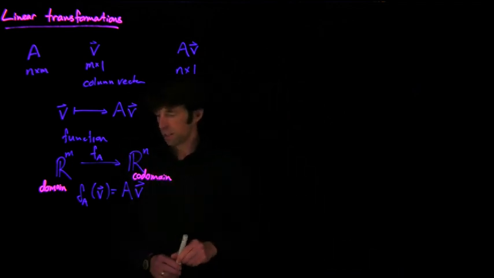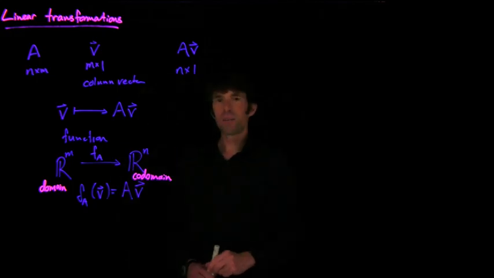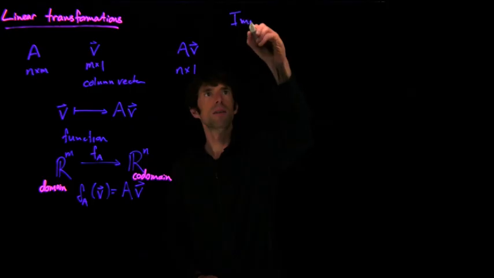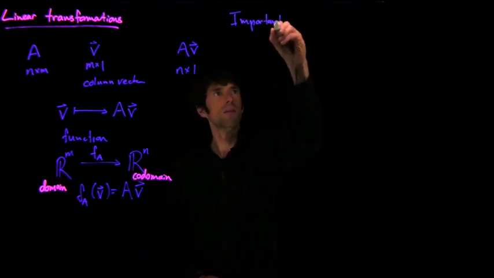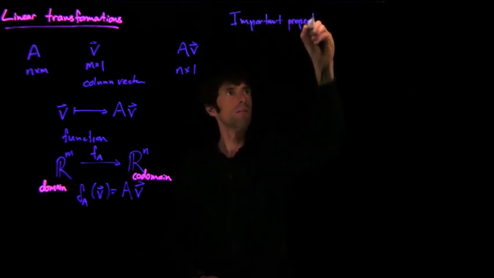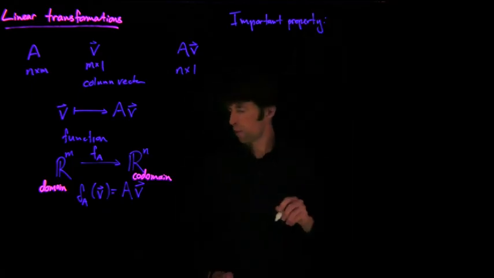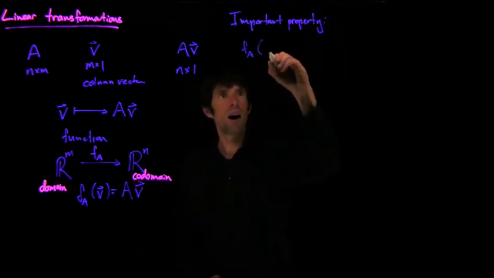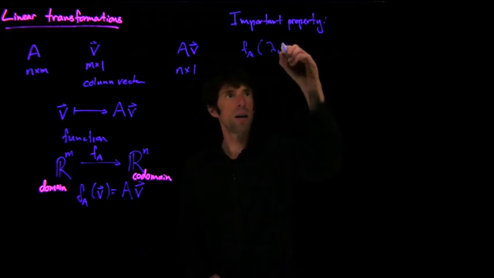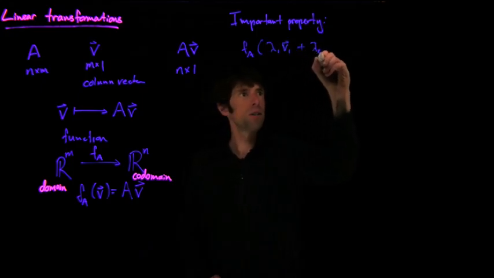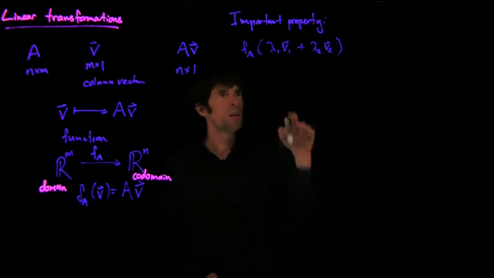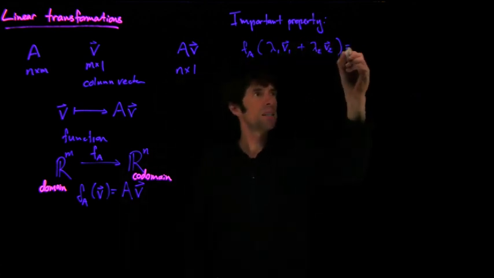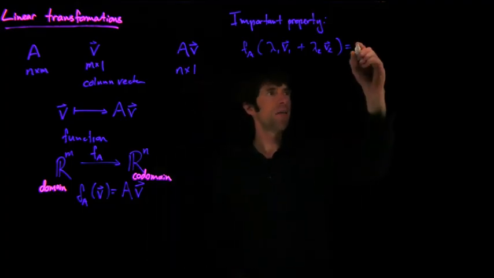Now let's look at this function. This has a very important property which really makes life easy for us. And this important property is the following. If I look at f sub A of lambda 1 times v1 plus lambda 2 times v2, so I'm going to take this function and apply it to a linear combination, what I get is the corresponding linear combination of the outputs.